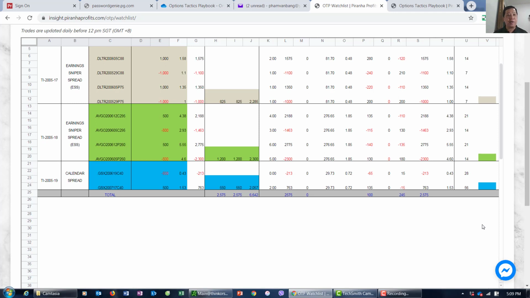You can see the trades that I just sent out notifications about earlier today: the EES trade on $3, also EES on Broadcom, and another calendar trade on ZSX, right? So those are the trades that I am watching, and I may or may not enter when the market opens. Once I enter the trades, I will send out notifications and add those trades into my open trades.